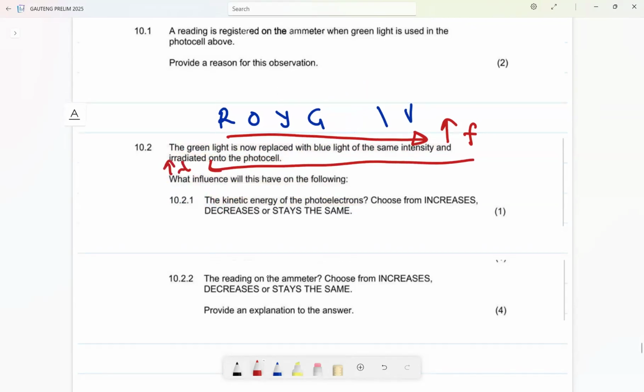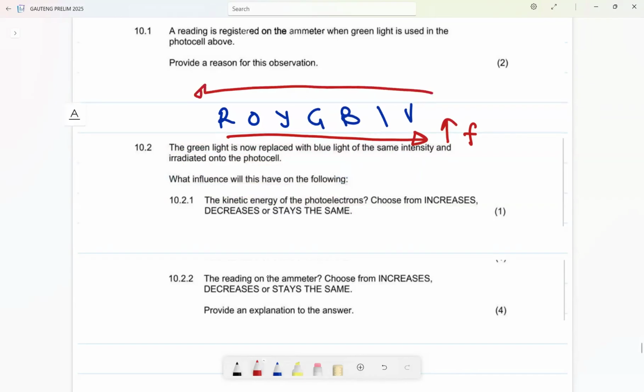So we want to know what will happen if I replace the green light with the blue light. What influence will it have on the kinetic energy of the photoelectrons? Will they increase, decrease, or remain the same?